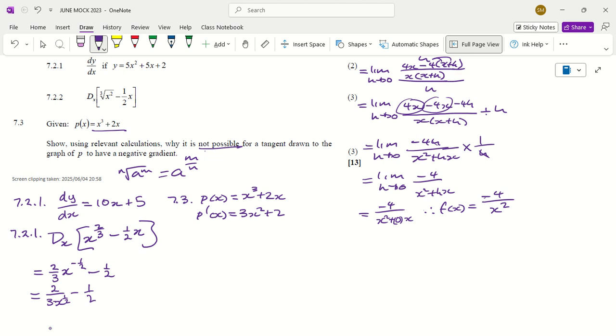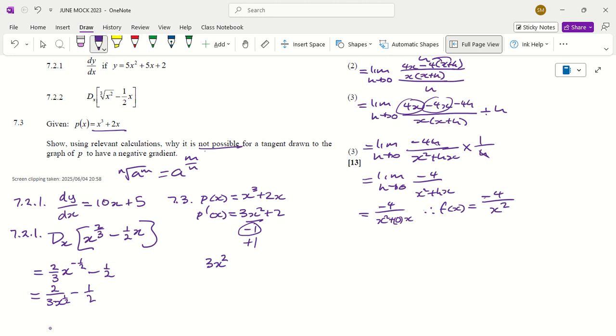Every time we substitute x, this will be squared. Even if x is negative 1, negative 1 squared is a positive 1. Negative 10 squared is a positive 100. So every time we substitute, because of 3x squared, this can never be equal to a negative number.